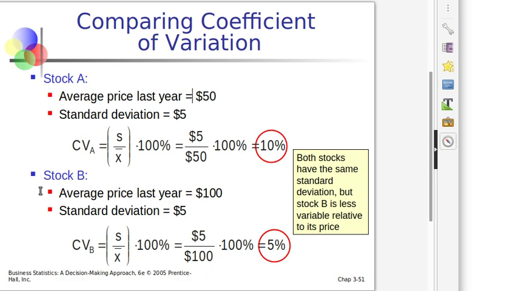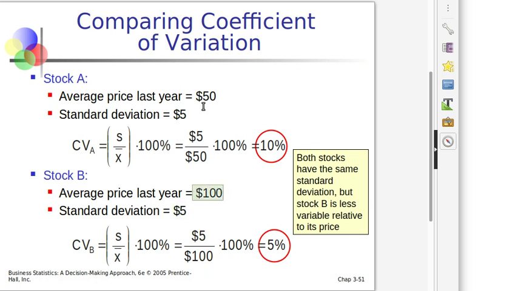While stock B, the average price last year, because prices would vary from year to year, the standard deviation is 5. The standard deviation is 5, but the price is different.